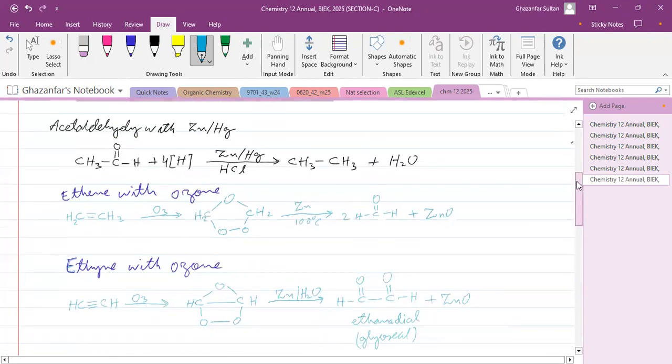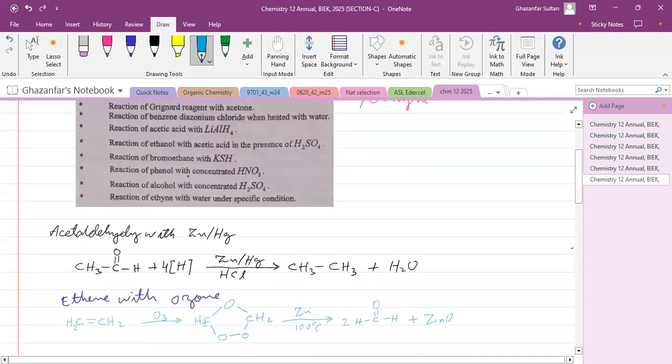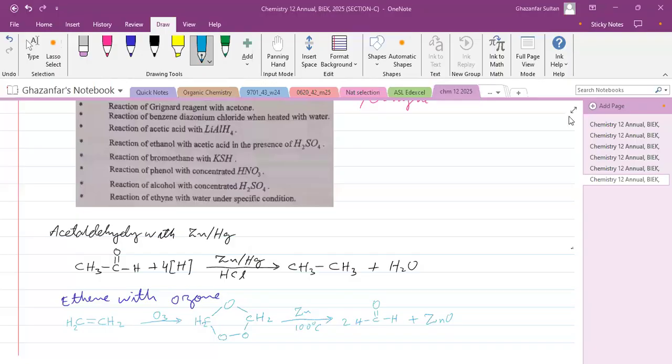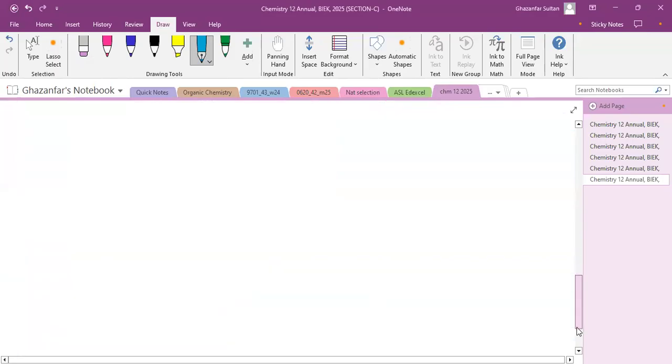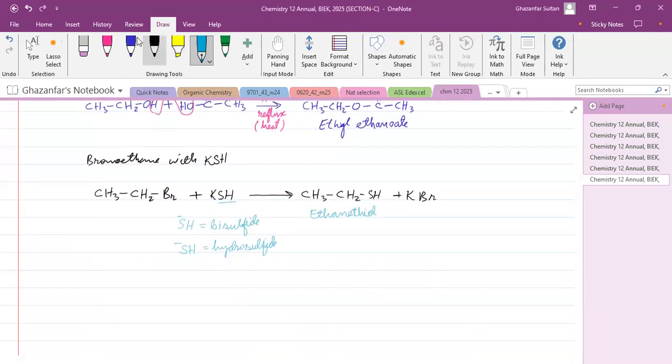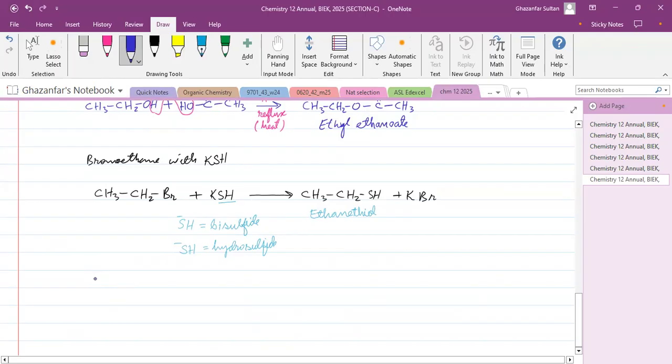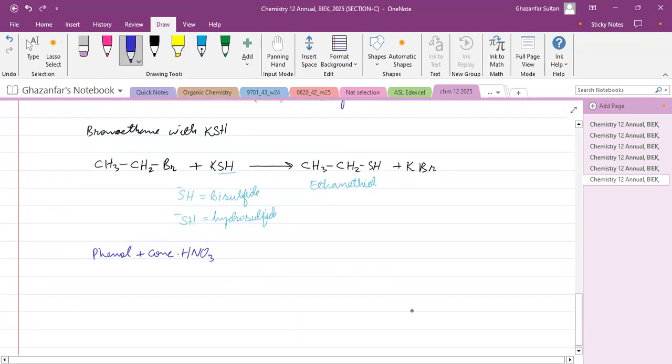Now see the next reaction. The next reaction is the reaction of phenol with concentrated nitric acid, and usually heat is also required.